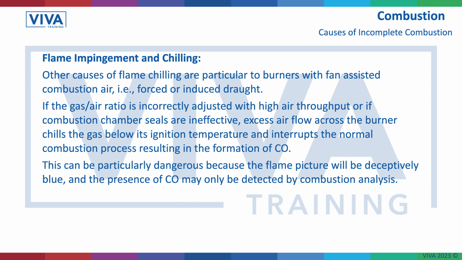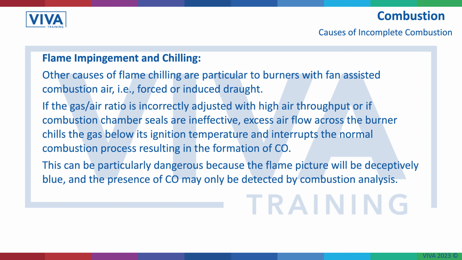Other causes of flame chilling: if we've got fan assisted burners, on a lot of modern appliances there's a fan that draws the air in and pushes the products of combustion out. So if the air gas ratio valve isn't set up correctly, we've got too much throughput through it, that can cause it. Not set correctly, the flame picture isn't correct.